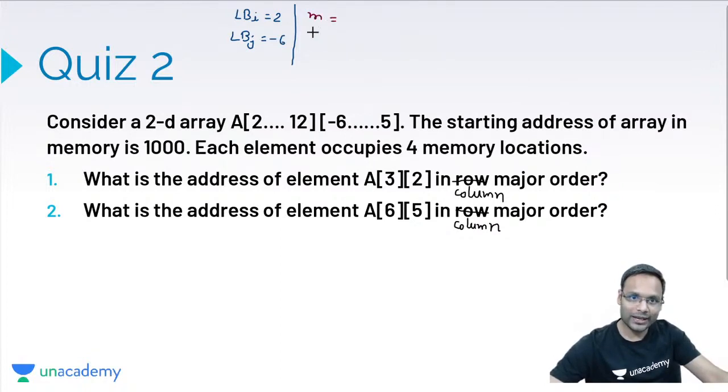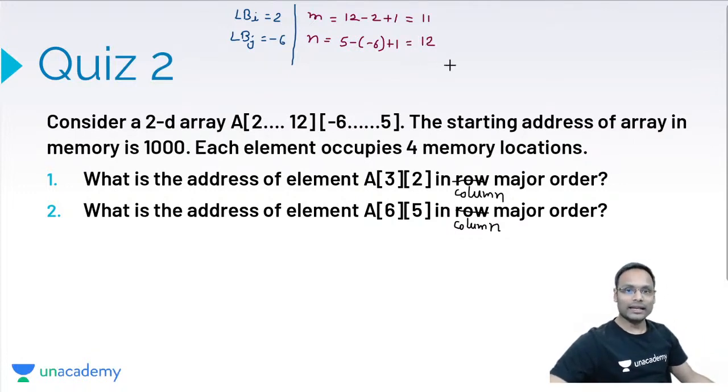Number of rows: 12 minus 2 plus 1, which is 11, and number of columns: 5 minus -6 plus 1, which is 12. So the number of rows is 11, the number of columns is 12.